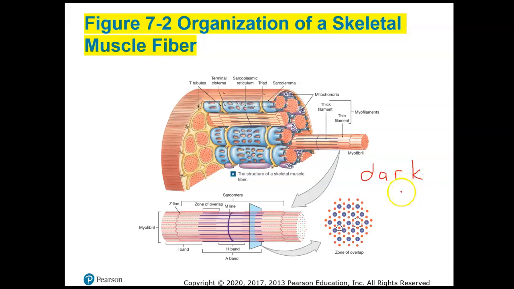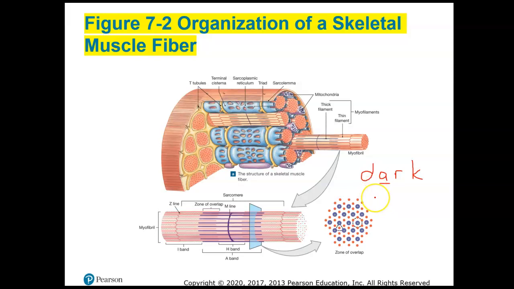Okay, so the dark has an A in it. So the A band is dark in color, and it's formed from the myosin filaments because they're thicker. That's why it's going to be the darker color of the striations that you see in skeletal muscle.